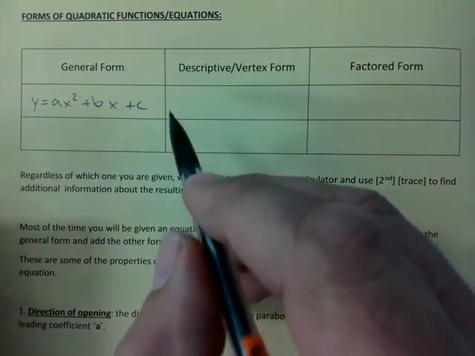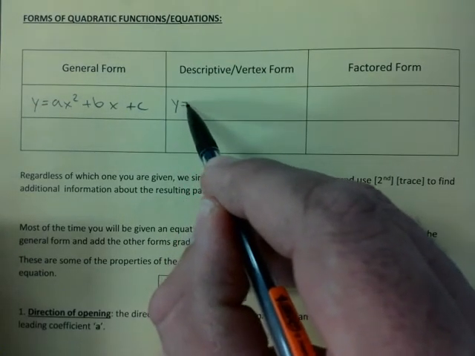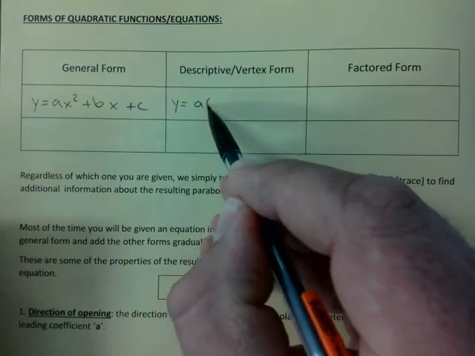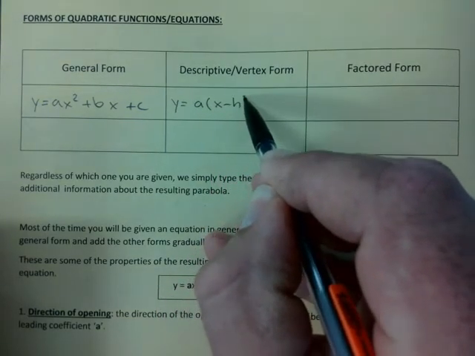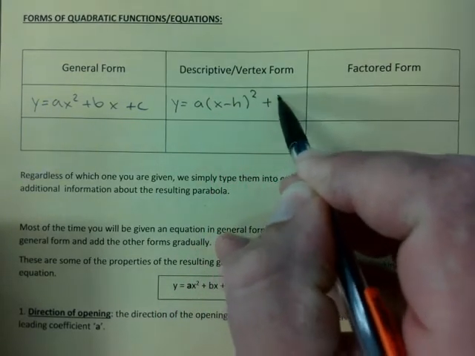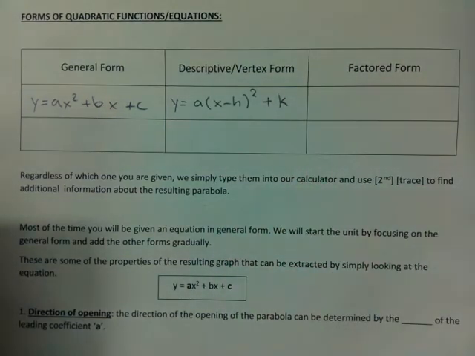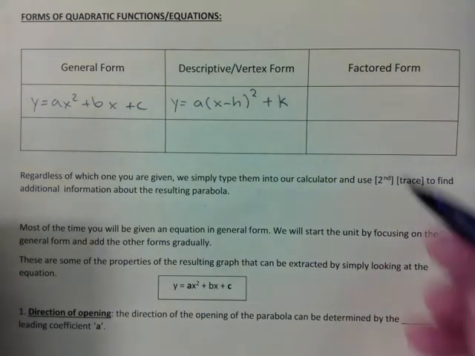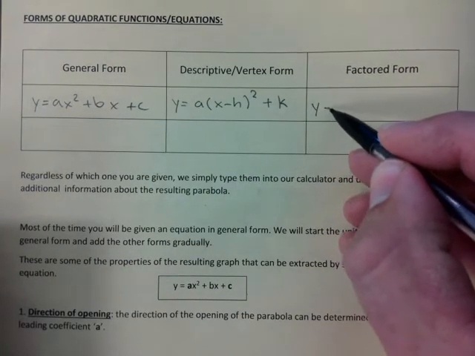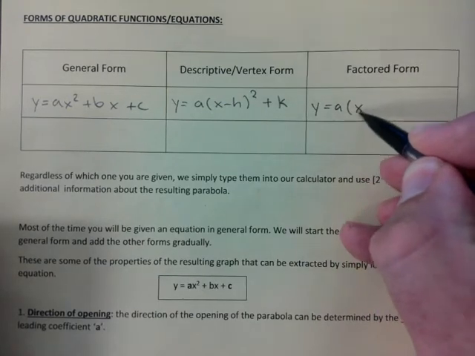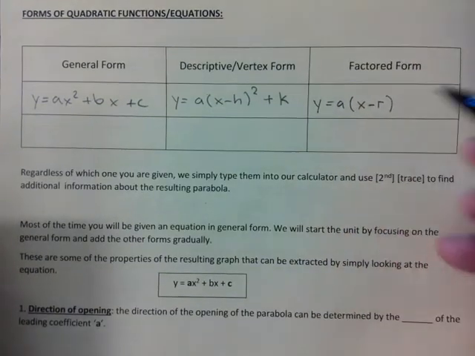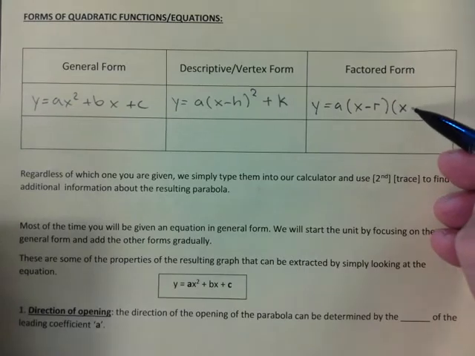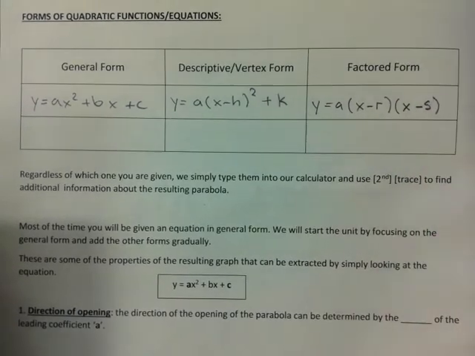The second form you will encounter is y is equal to a times (x minus h) squared plus k. And you see the squared there, right? X is going to ultimately be squared, even in this form. And the last one is the factored form.